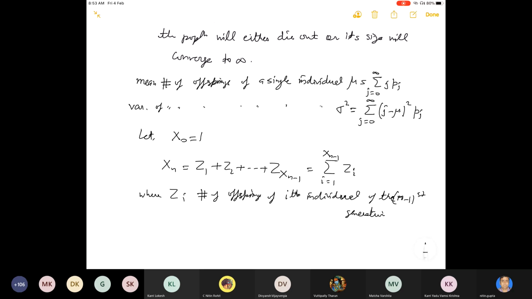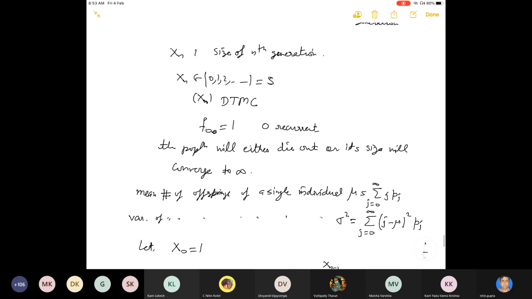Then again those electrons hit the electron plate and produce another set of electrons. So Xn is basically the number of electrons in the nth generation. Similarly, in the survival of family names, whether the family name will survive if someone is producing some children. So these kinds of applications are there for the branching process.